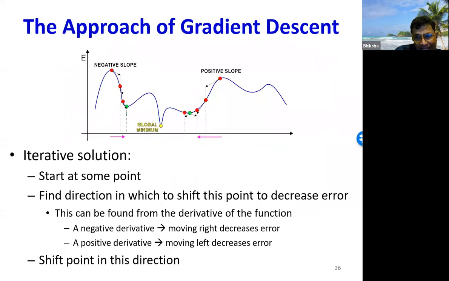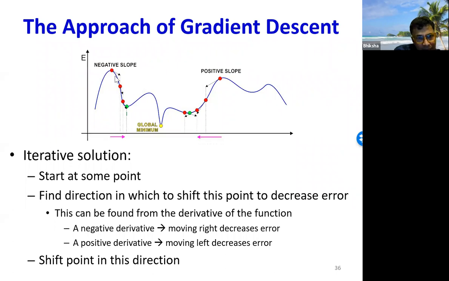In a greedy sense, we want each step to decrease the function. So we will start with our initial estimate. Then from that initial estimate, we're going to check which direction to move in to decrease the function. That information is going to be available in the derivative. Now consider a function of a scalar variable.